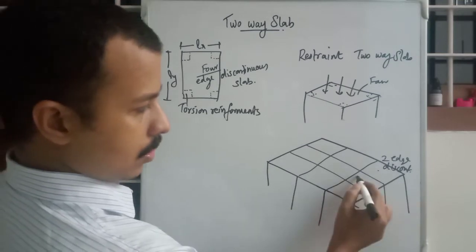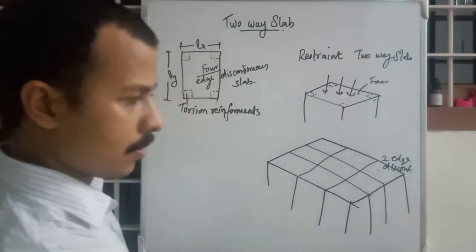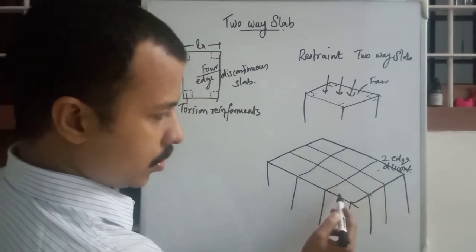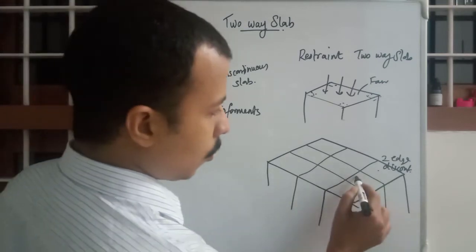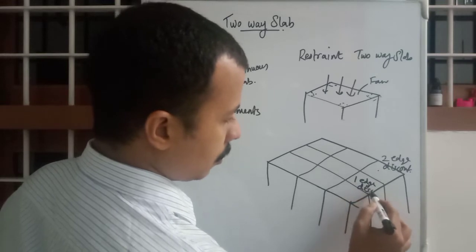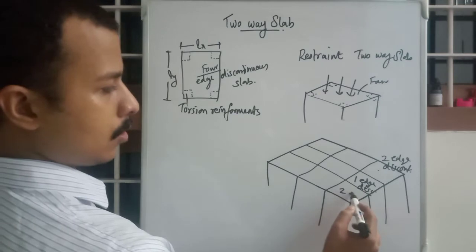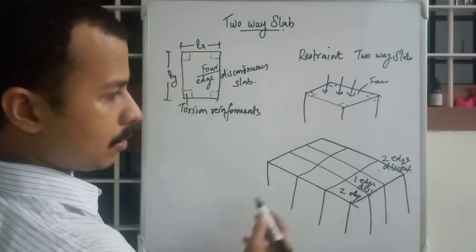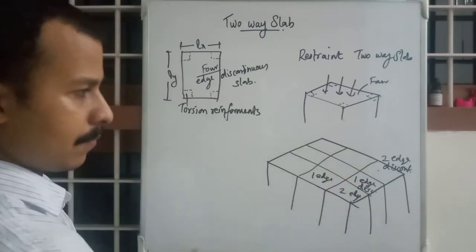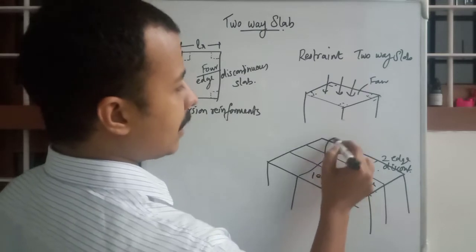In this one, this edge is continuous, this edge is continuous, and this edge is also continuous, so it is a one-edge discontinuous slab. This is a two-edge discontinuous slab, this is a one-edge discontinuous slab, likewise, and this one will be called an intermediate slab.